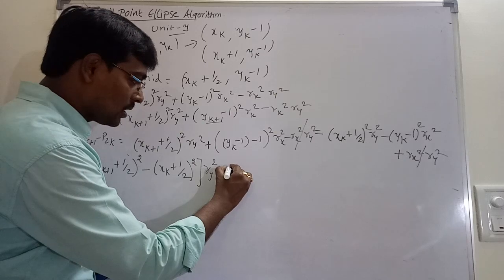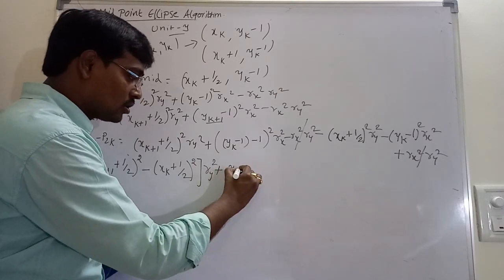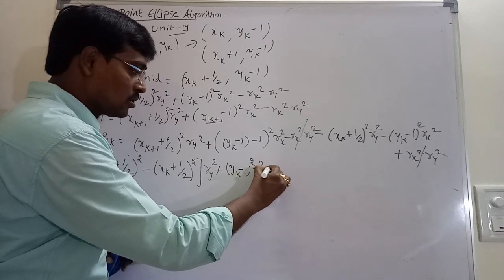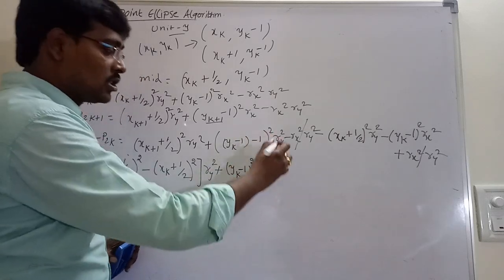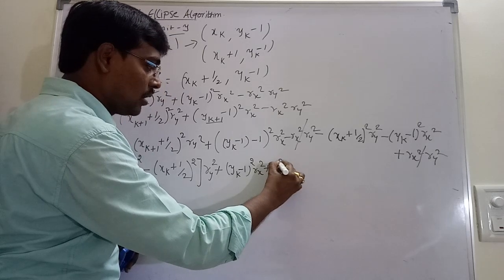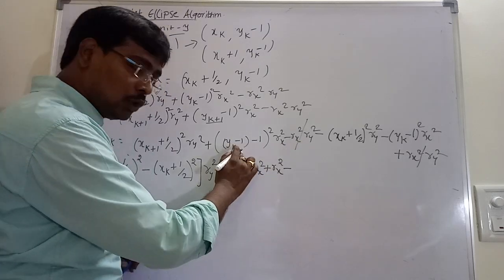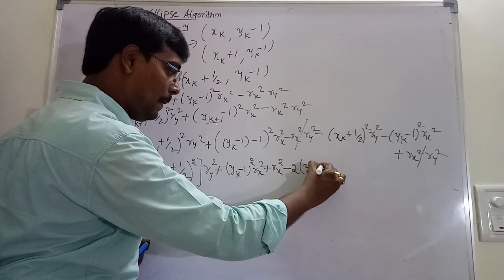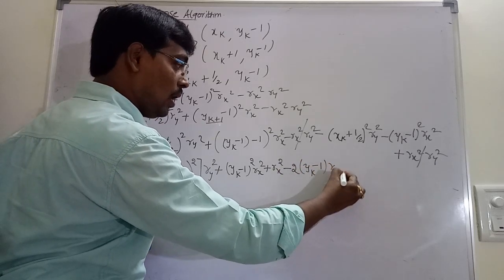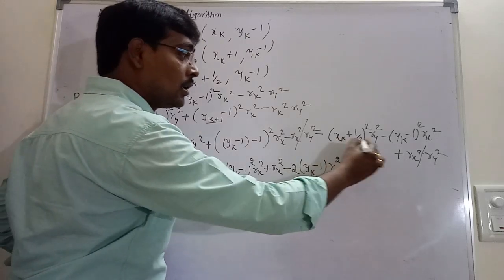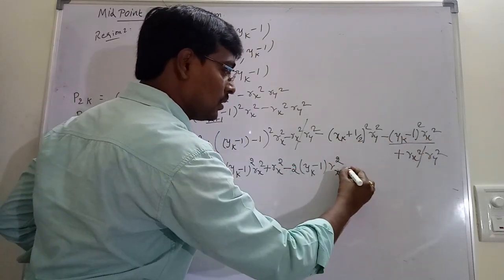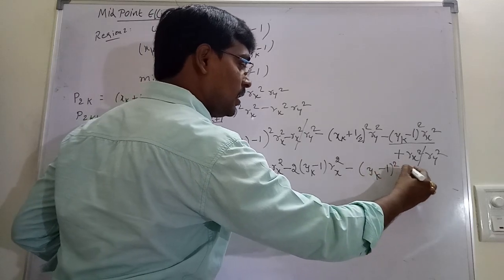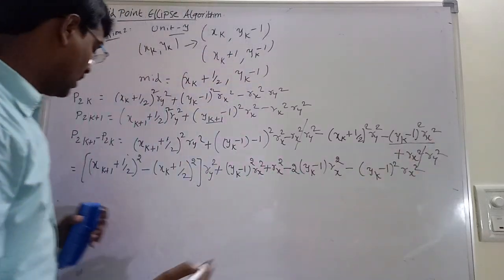By simplifying, (a minus b) whole square: (yk minus 1) whole square into rx square plus 1 square into rx square minus 2ab, that means minus 2 (yk minus 1) into rx square, and this term minus (yk minus 1) whole square into rx square.